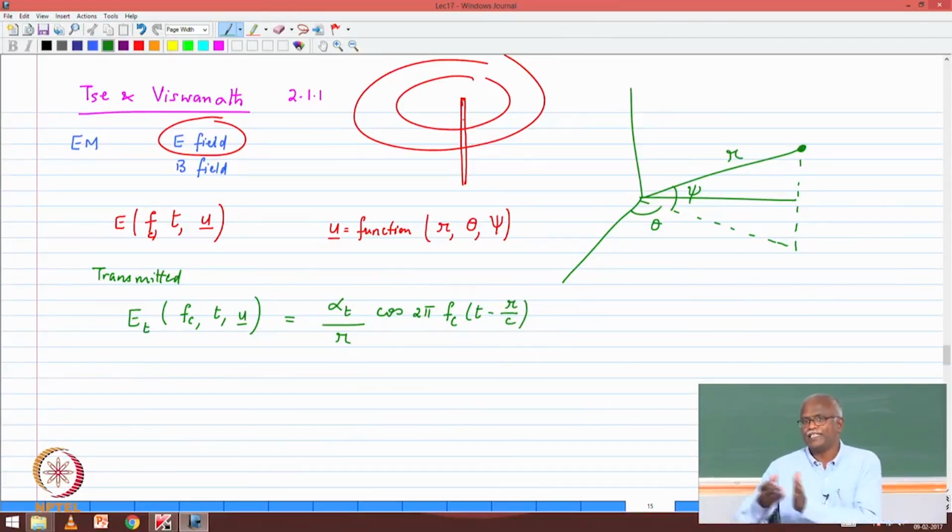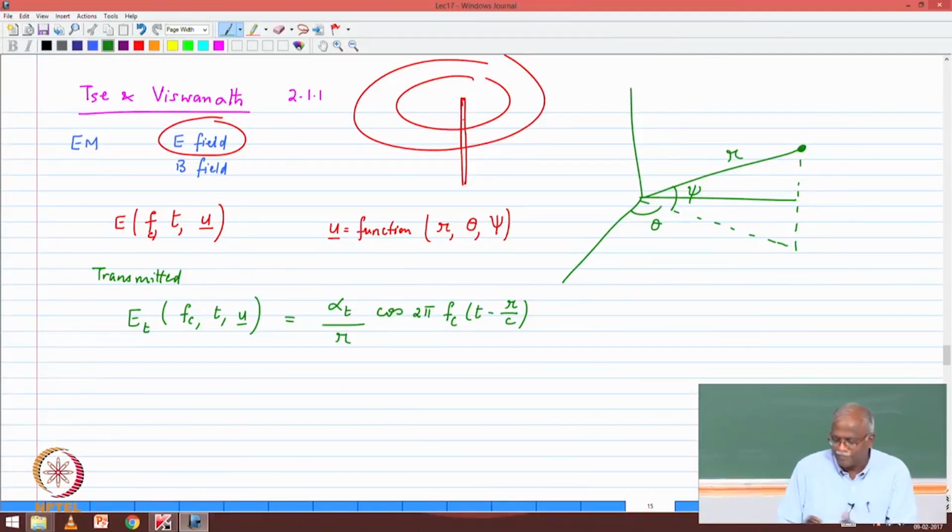That tells you how much time lag has occurred. So if I am sitting at a distance r at a particular location in three-dimensional space, the received signal strength can be described by a gain term and a reciprocal of 1 by r times cosine 2 pi fc t. It's 2 pi fc t at the transmitter. By the time it reaches me, there is a slight lag. So that is the lag that is described here.